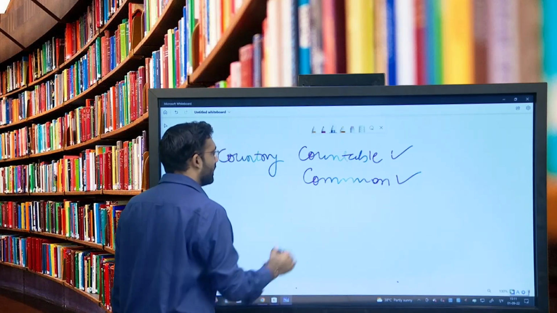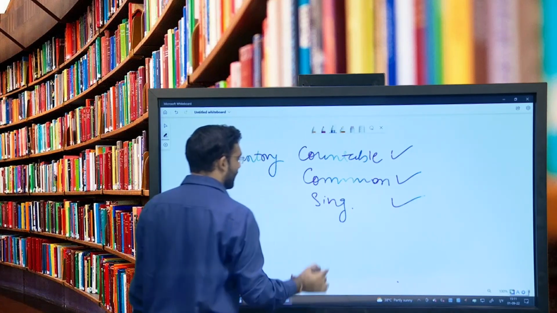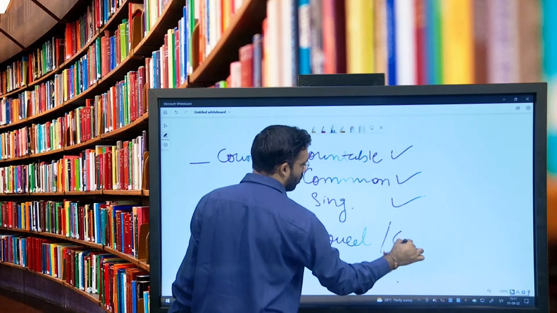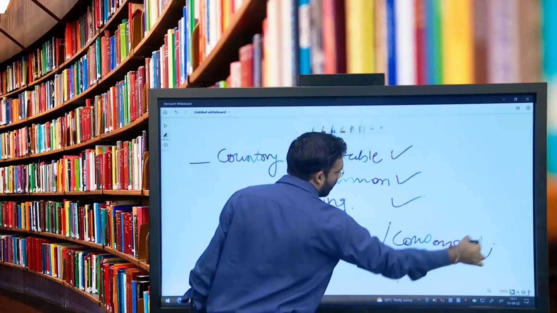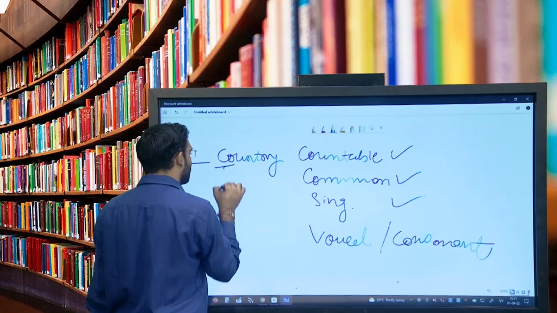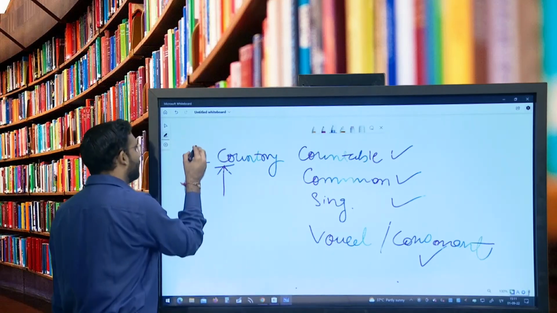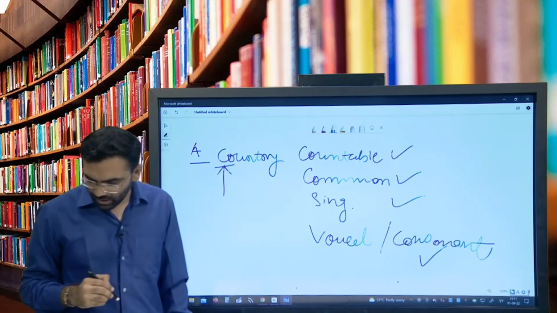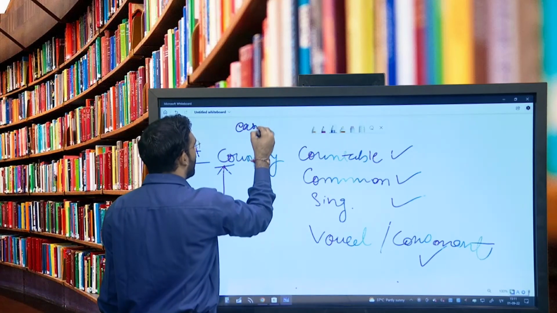Yes. Is it singular? Yes. Does it start with a vowel sound or a consonant? Ka is a consonant sound. So before that we would use a. Next one. Easy question.